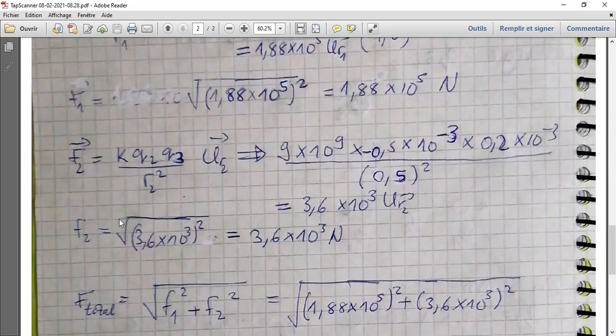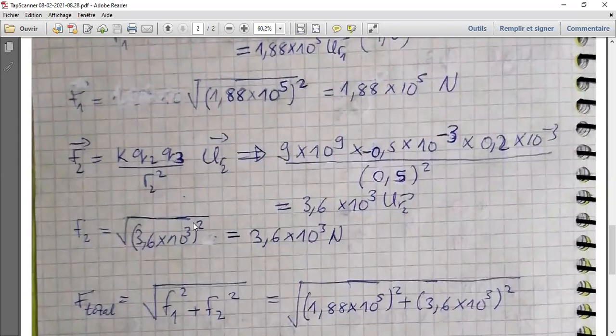But when they have told you to find the force, not a vector force, a force is a module. You have to square your answer, and your vector is just 1. So here, just the same, there's 1 here.